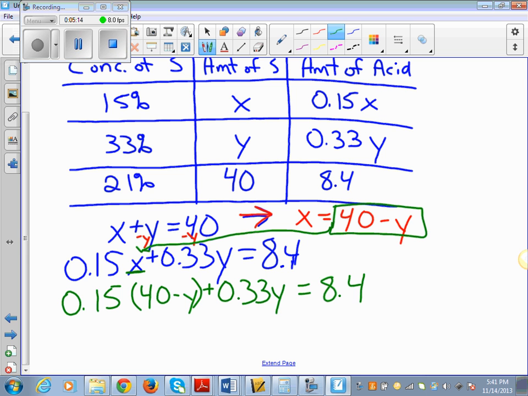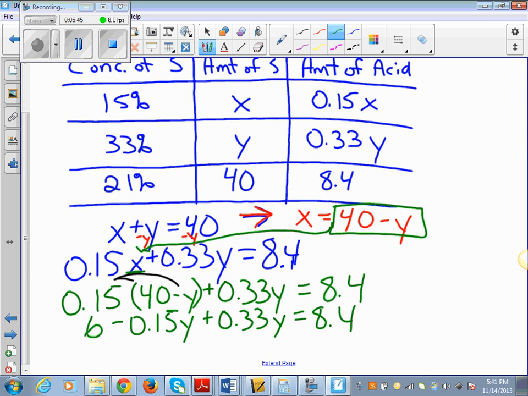We are going to distribute the 0.15. So 0.15 times 40 is 6. So 6 minus 0.15y plus 0.33y equals 8.4.